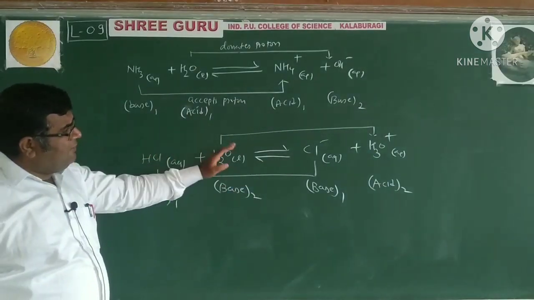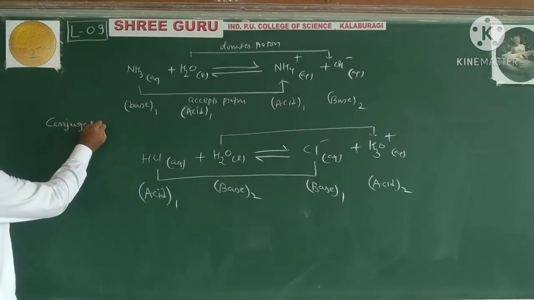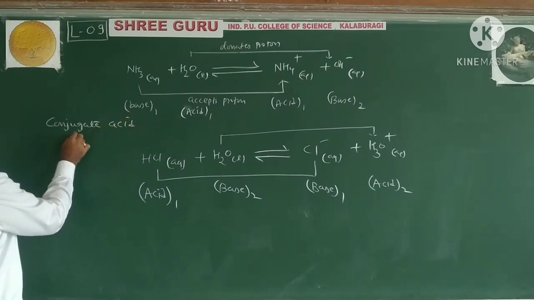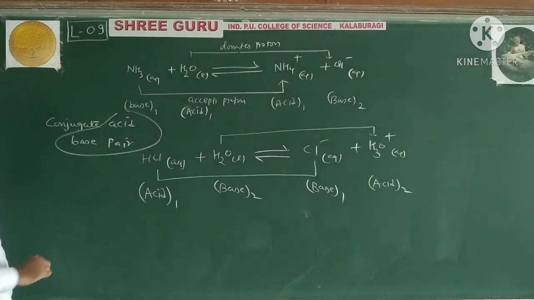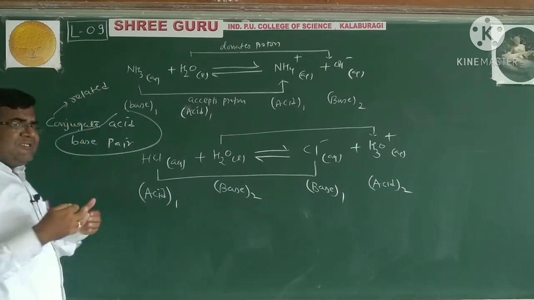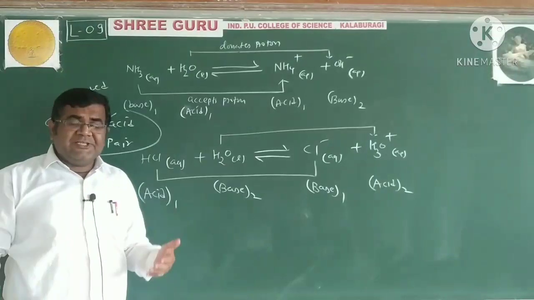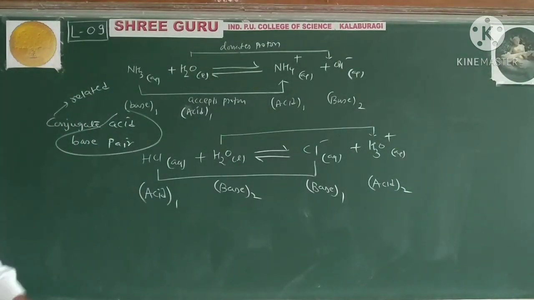We call these pairs conjugate acid base pairs. Now why do we call them a pair? Because there is a difference of one H plus ion. And what do we mean by conjugate? Conjugate means related. So there is a related acid base pair according to this Bronsted-Lowry concept. An acid base pair that differs only by one proton is called a conjugate acid base pair.